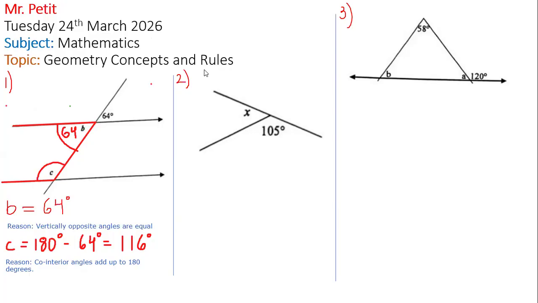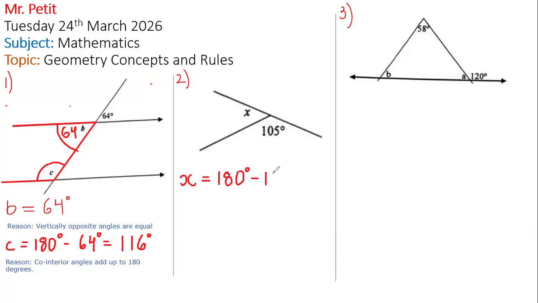Did anyone get anything for X? Or an idea how we're gonna do X? For number 2. 75. How do I get 75? Subtract 105 from 180. Okay, why do you use 180? What's the rule? We don't know the rule. 180 minus 105.